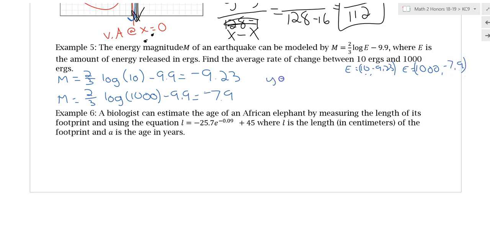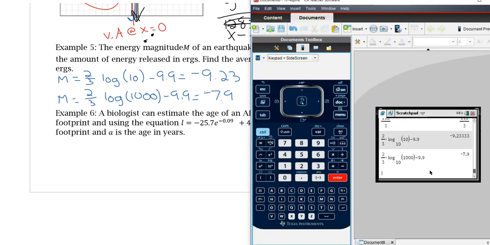So now, our y minus y over x minus x, I have negative 7.9 minus negative 9.23. Again, there should be 2 negatives here. Over 1,000 minus 10. I'm not going to try and do this one in my head. So I'm just going to hit control divide.